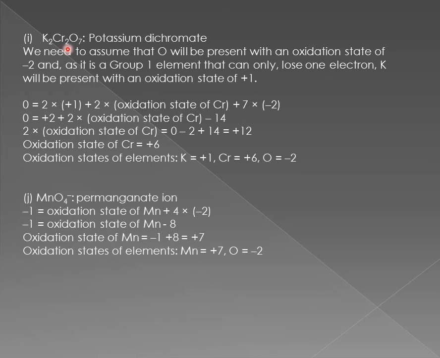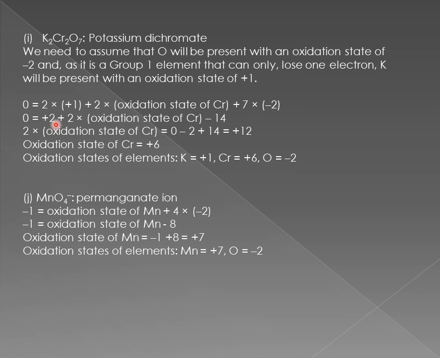Then potassium dichromate. We need to assume that oxygen is present with an oxidation state of -2 as usual, and as potassium is a group 1 element that can only lose 1 electron, it would be present with an oxidation state of +1. So 0, the total charge of the species, equals 2 atoms of potassium times +1, plus 2 atoms of chromium times its oxidation state, plus 7 atoms of oxygen times -2.